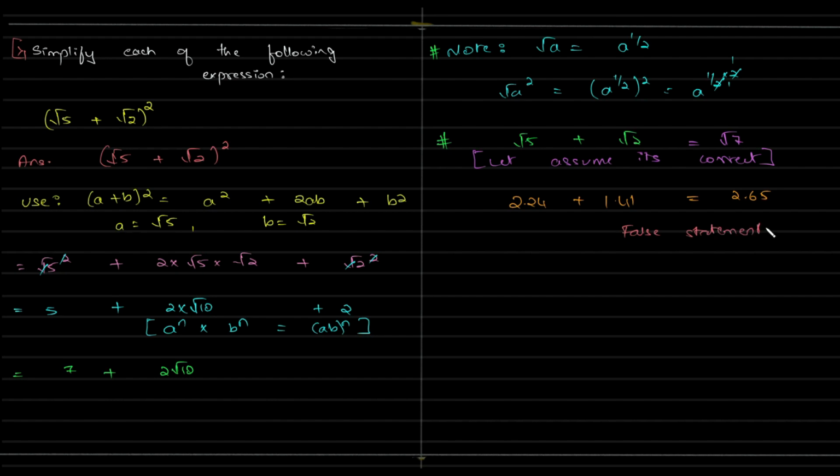Why did we get a false statement? Because our assumption is wrong. So this is something that you guys have to keep in mind, that you cannot add this. Any math basics issue, if you have, all you can do is take the simplest possible set of numbers other than 1 and 2 and 1 and 0.